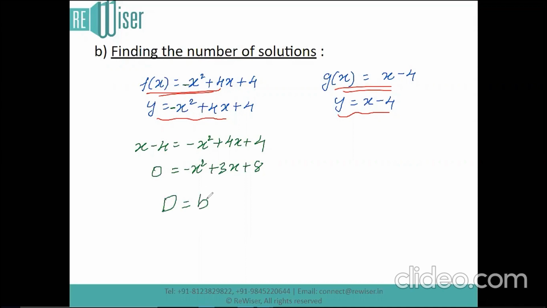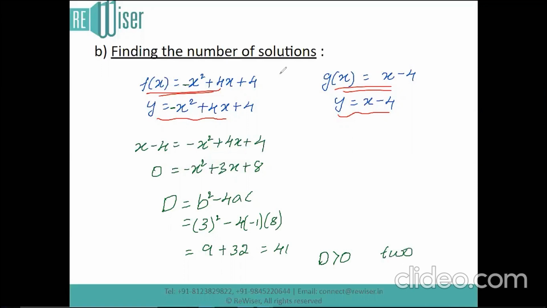The discriminant is 3 square minus 4 times negative 1 times 8, which is 9 plus 32, positive 41. The discriminant is greater than 0, which means the two graphs intersect at 2 points. This is how I can find the number of solutions between any two given graphs.